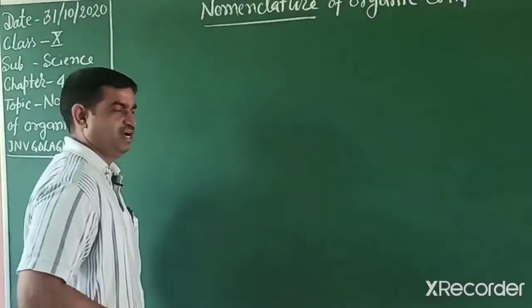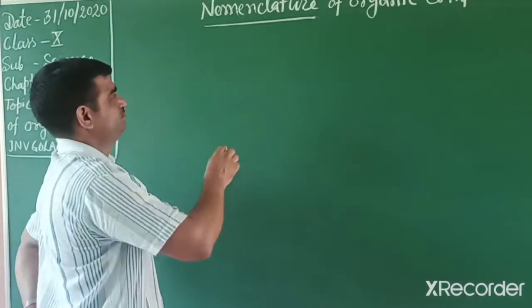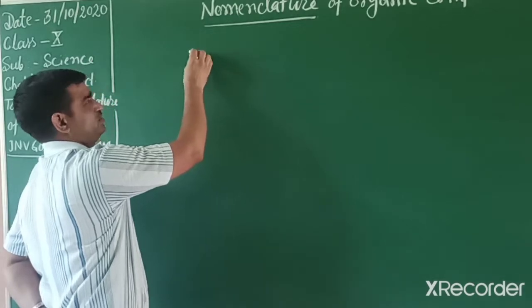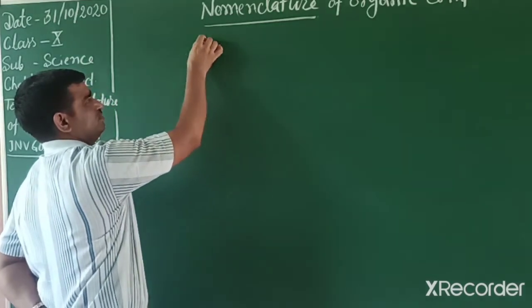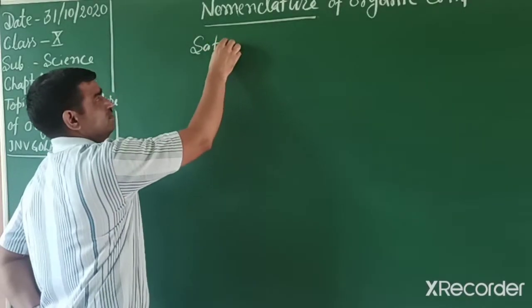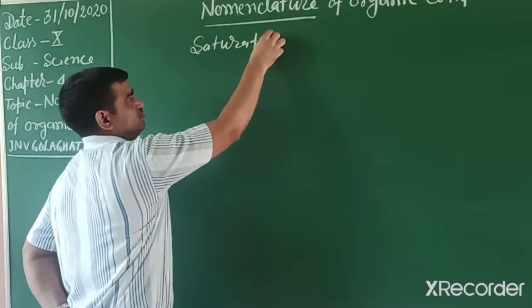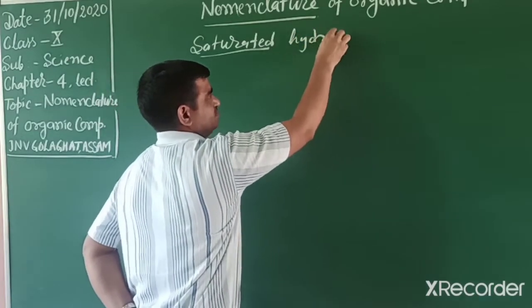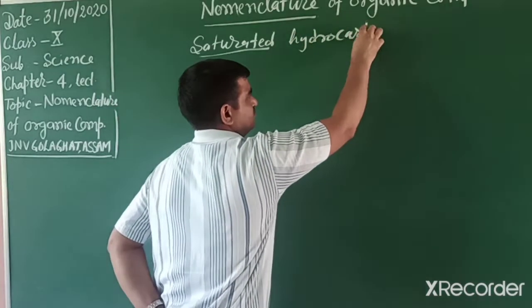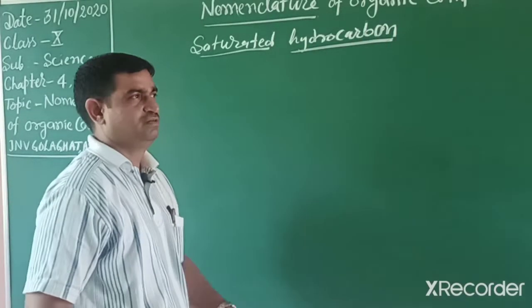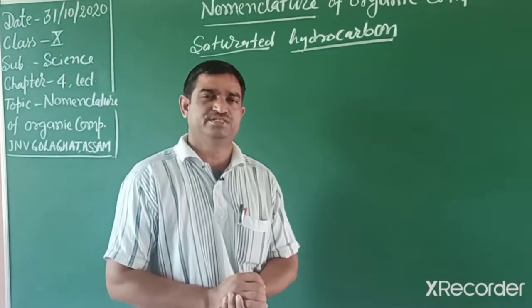So at first we start with the nomenclature of normal alkanes, or we can say saturated hydrocarbons. In this nomenclature, we require some characteristics.